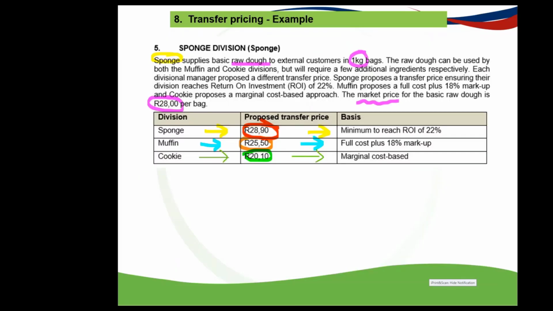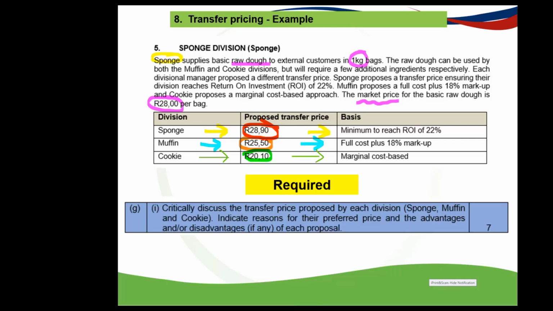So in this question, I'm just going to briefly tell you about it. Let me just open the required: discuss the transfer price critically, because each division has suggested another transfer price. So this question is a discussion type of question. Other questions that you will have may be to calculate the transfer price.